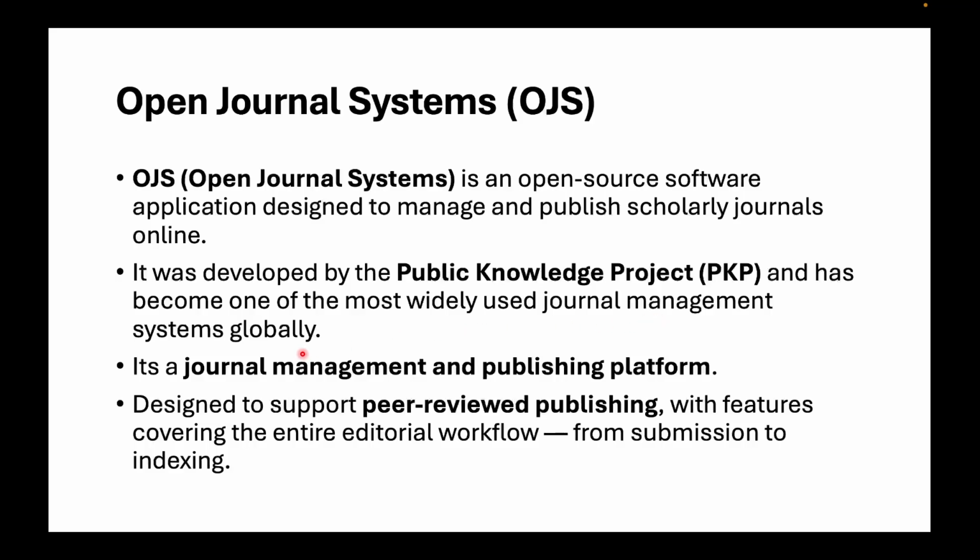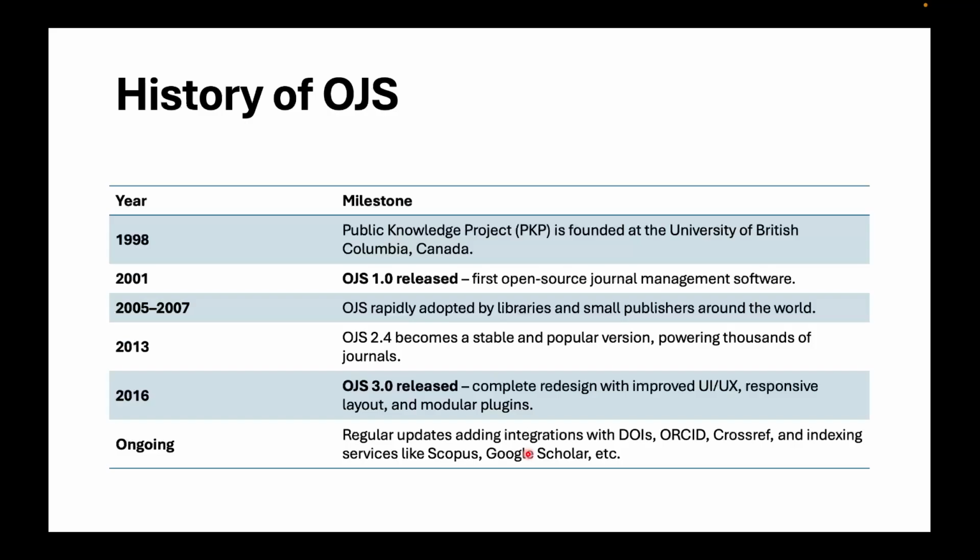More than 30,000 journals are managed with it, designed to support peer reviewed publishing with features covering the entire editorial workflow. From submission to indexing, the entire editorial workflow can be managed within OJS. That is a major advantage. Assigning the reviewer, assigning the editor, all can be managed within this system.